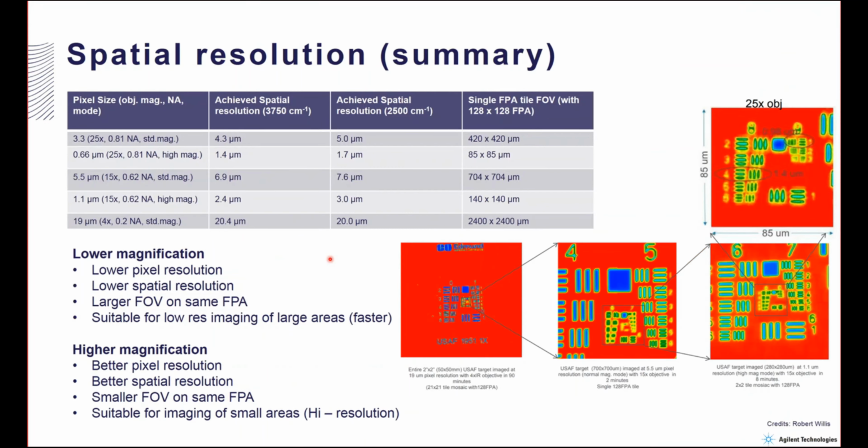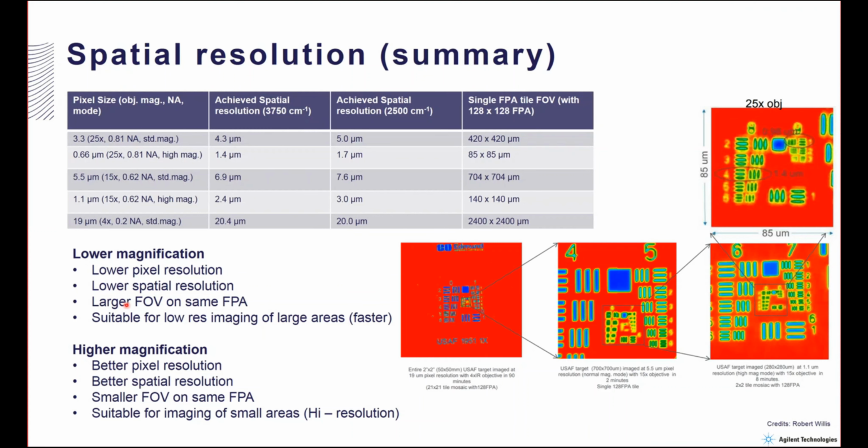To summarize spatial resolution, what we have to remember is that when we use lower magnification objectives, we have a lower pixel resolution, which will translate also into lower spatial resolution according to the wavelength, as we just saw.